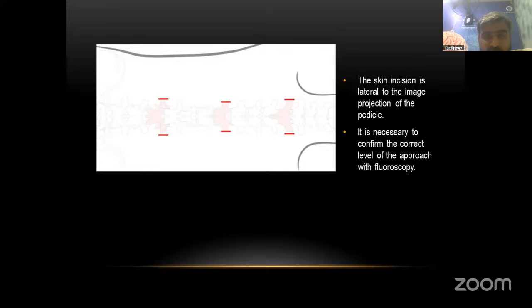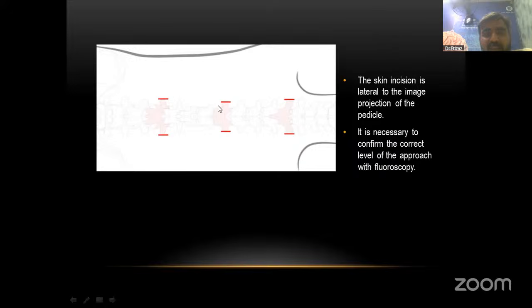Percutaneous pedicle screw has a lot of importance and a lot of indications, such as traumatic injury, most of the time. Suppose we want fixation at a single level or multiple levels, then we can easily do percutaneous pedicle screws instead of opening the whole spine in open surgery.